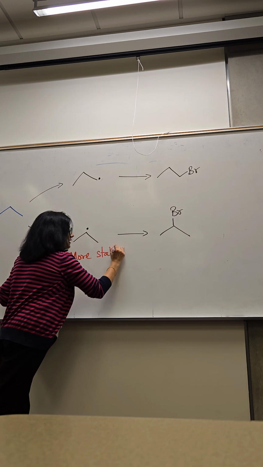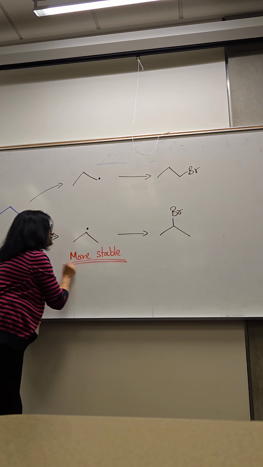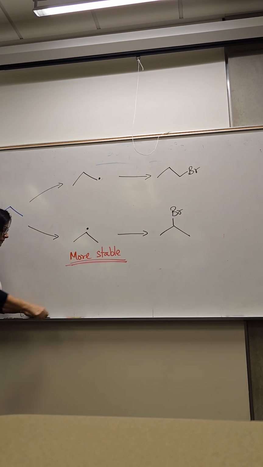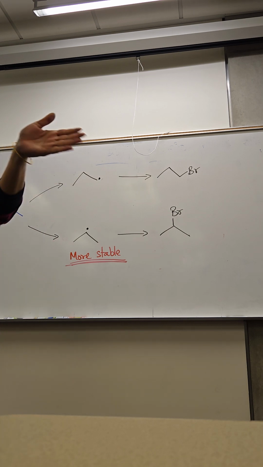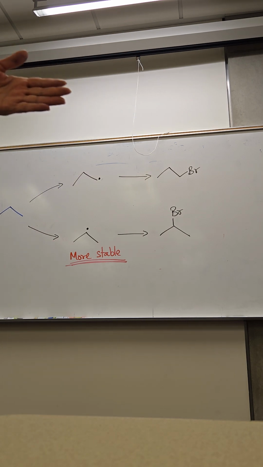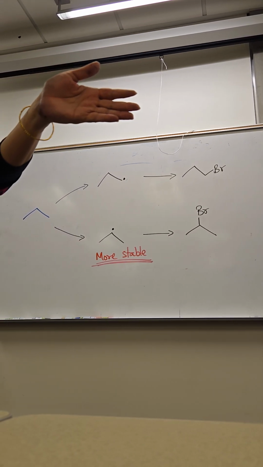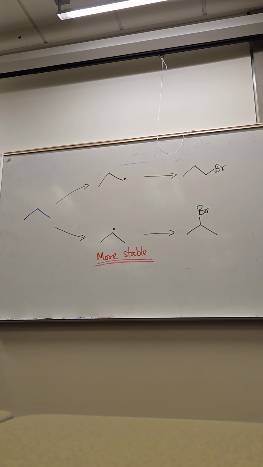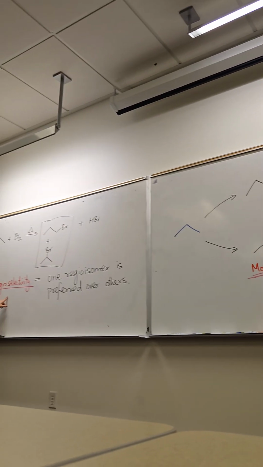Everyone okay? So please think about this and tell me. If I have two paths I can go in, and this is easier because it goes through a more stable intermediate, which path will I go more towards? Stable. There you go. That is the regioselectivity here.